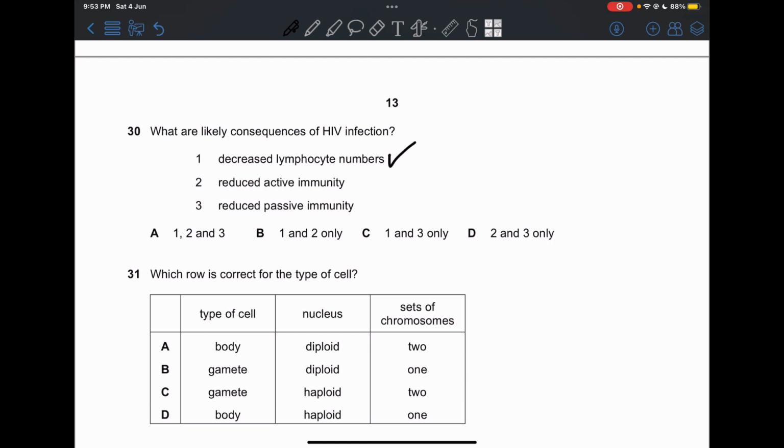Reduced active immunity because of reduced lymphocyte numbers. Passive immunity will actually not be reduced because passive immunity is not caused by memory cells or lymphocytes. It's actually caused by antibodies that are obtained from outside, not from inside the body. So our answer for this question will be B.